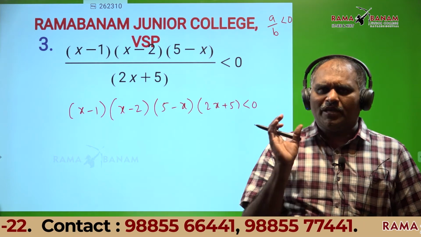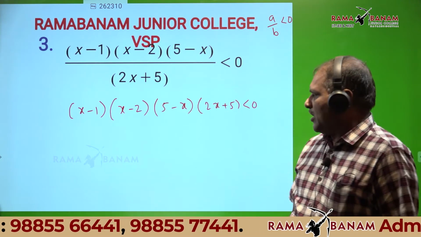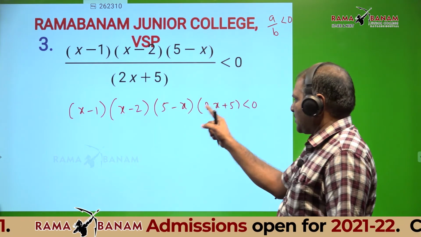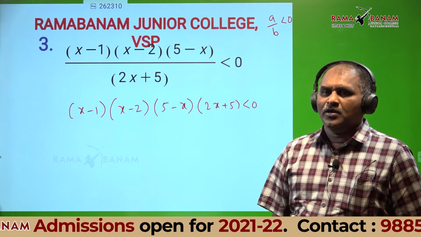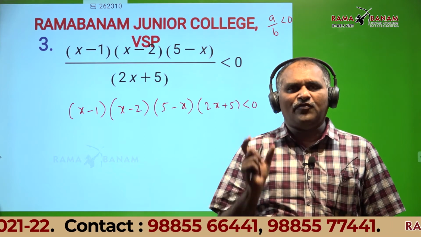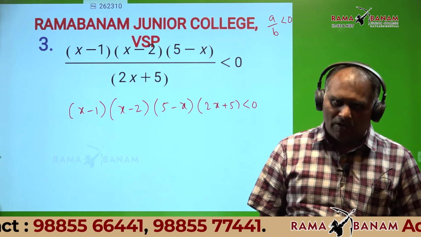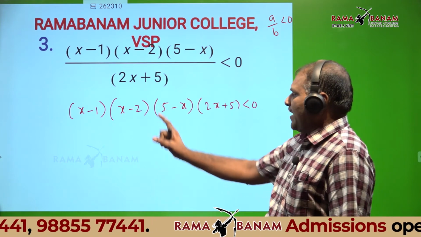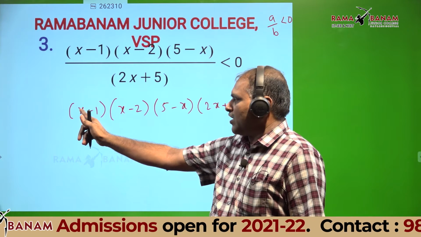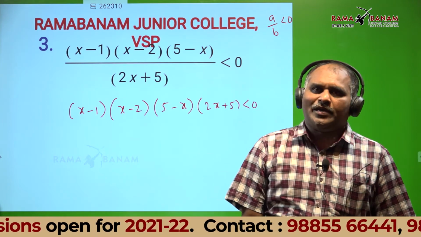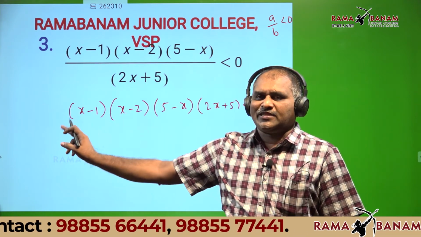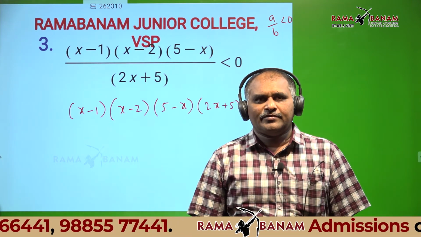Here, in inequalities, always remember every term has x power 1. The degree is equal to 1 for every term, and the x coefficient should always be positive. In the first bracket, what is the x coefficient? 1, sir.